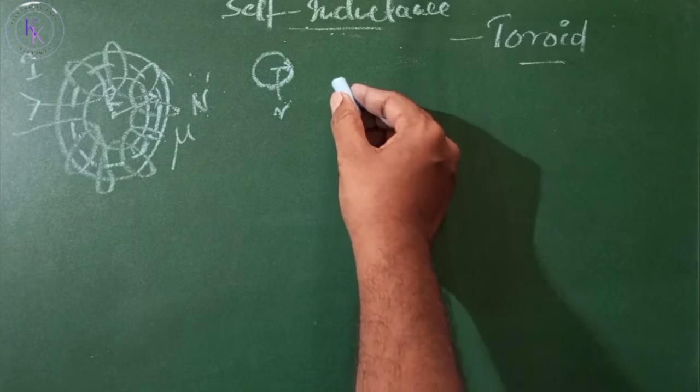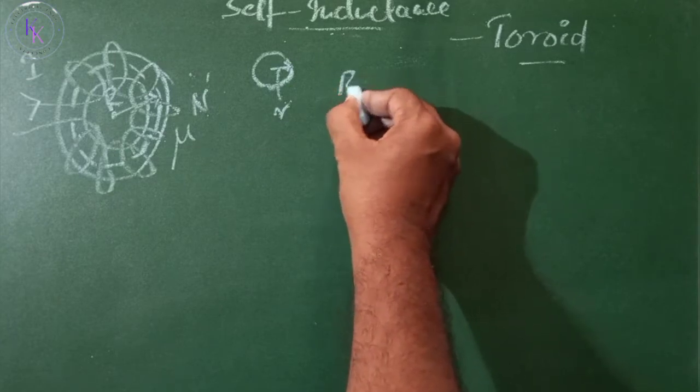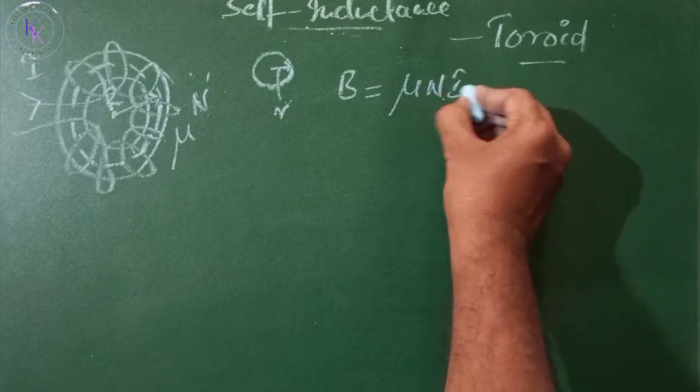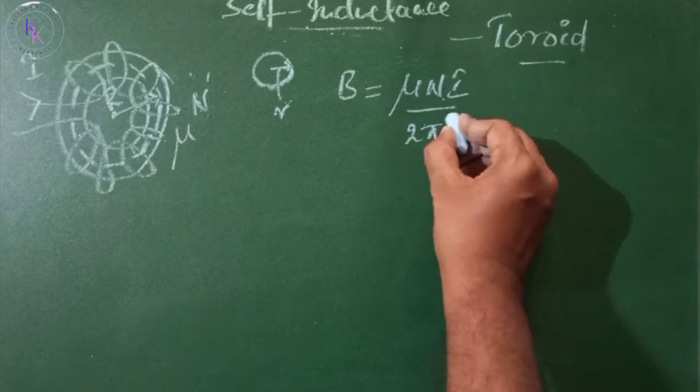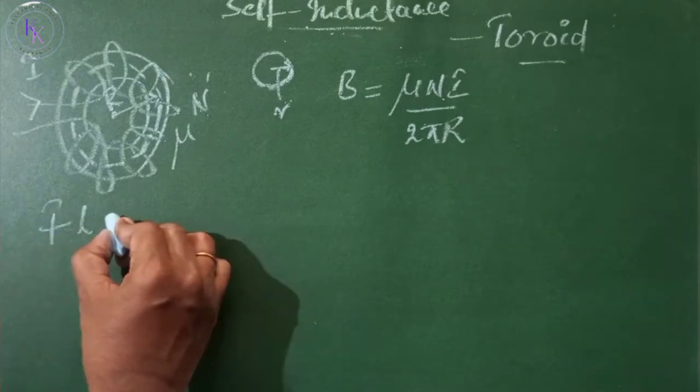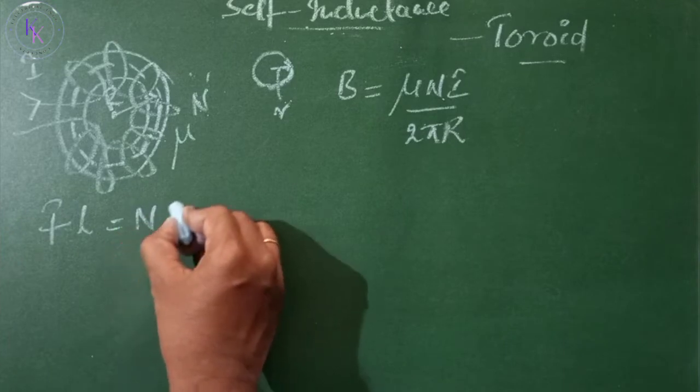From the previous video, we know the flux density of a toroid is B equals mu N I divided by 2 pi r. The link is given in the description. Please go through it. Flux linkage for this is number of turns times flux.